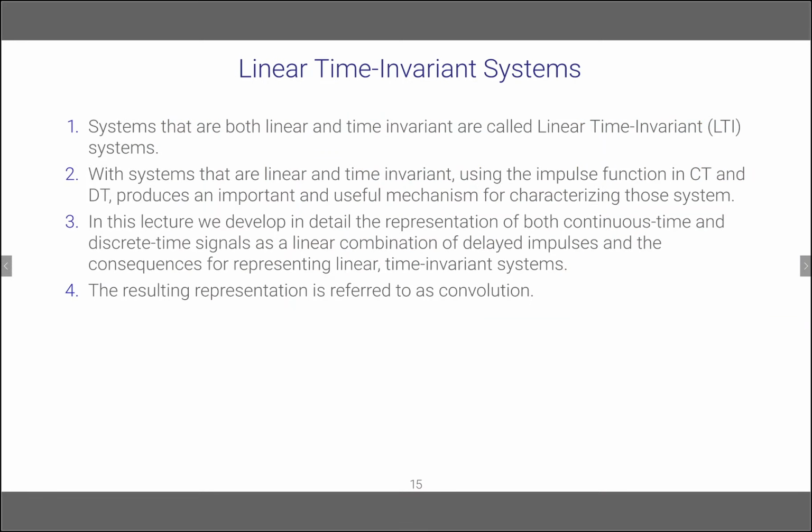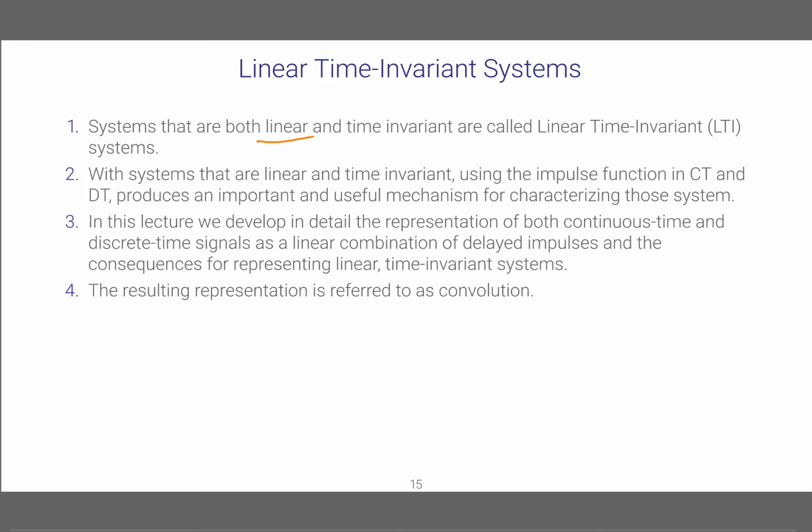Okay, now when we combine linearity and time invariance, we have the linear time invariant systems. Systems that are both linear and time invariant are called linear time invariant systems. For such systems, the impulse response, which we represent using h(t) in continuous time, you will see that later, and h[n] in discrete time, provides an important and useful mechanism for characterizing those systems.